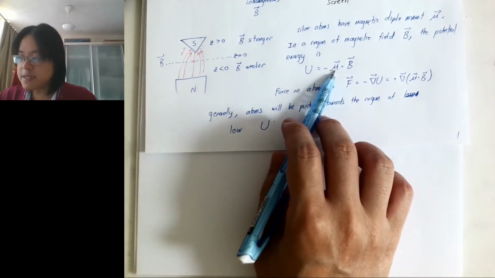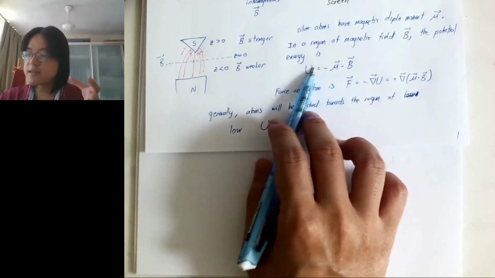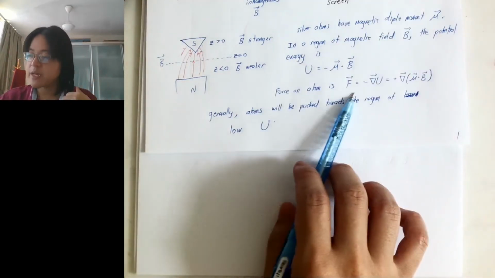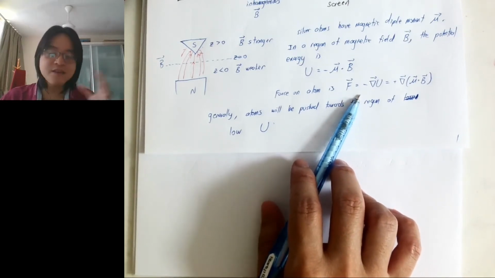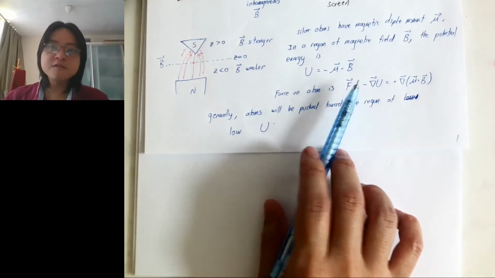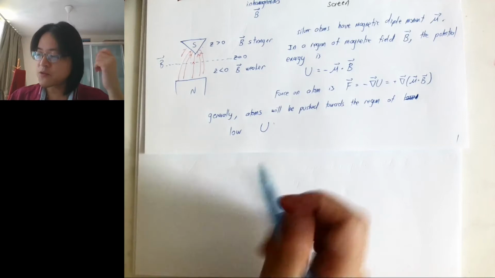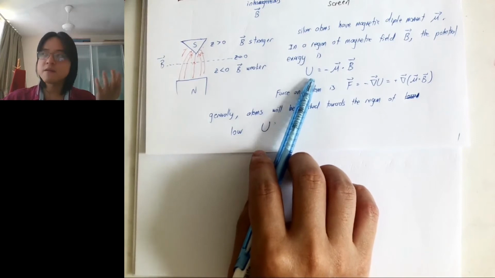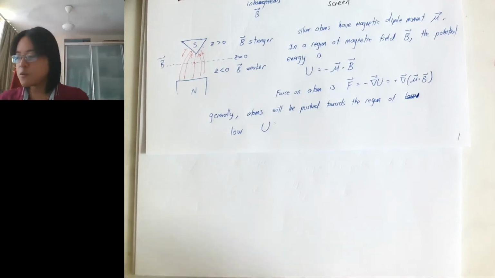It depends on the direction of mu and the direction of B, but in any case, there's going to be somewhere with high potential and somewhere with low potential. I will show you exactly where later. Generally, force will push objects to a region of low potential. All we need to know for this course is that the particle will get pushed towards somewhere with a low potential. We will deal with potential energy a lot in other places.